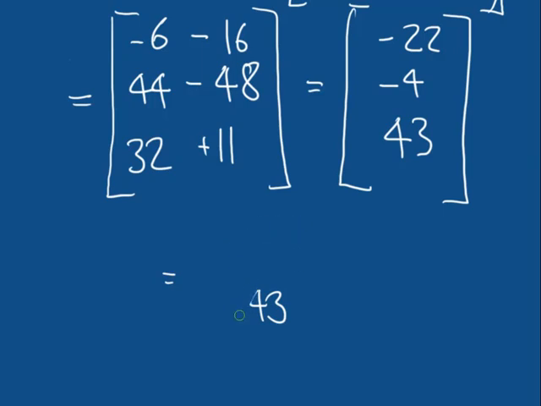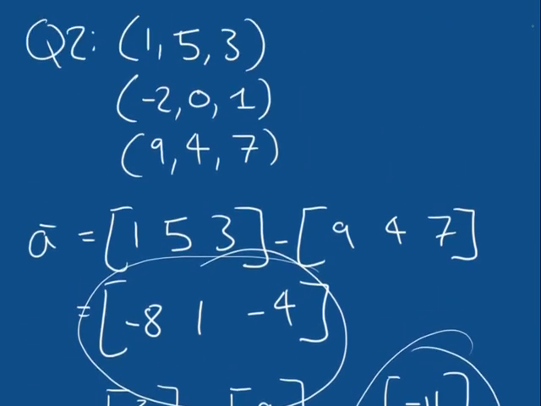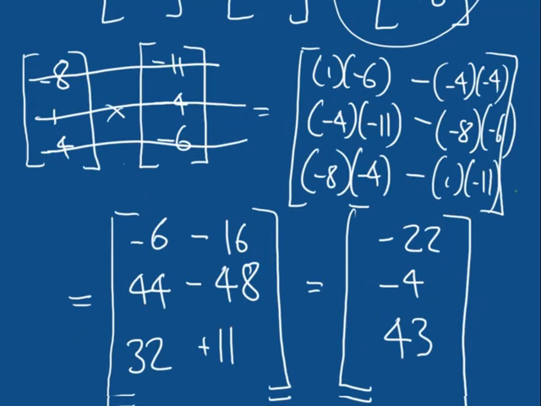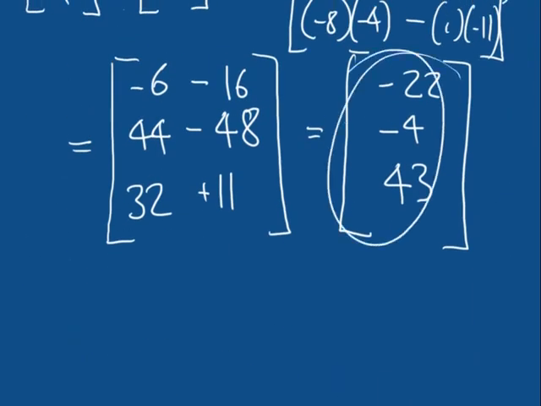But we're not actually done yet, because when I set the question up here, I asked for the unit normal vector. This is not a unit vector, this is quite a long vector, and I'm asking for the unit normal vector, which means we need to normalize this result.